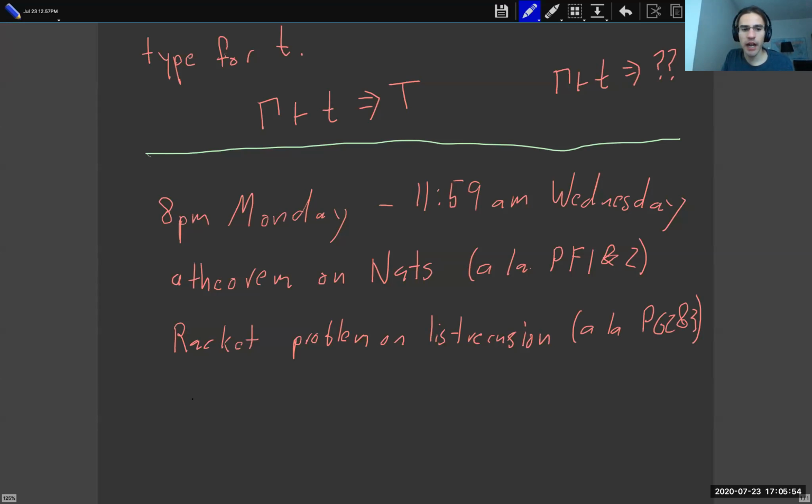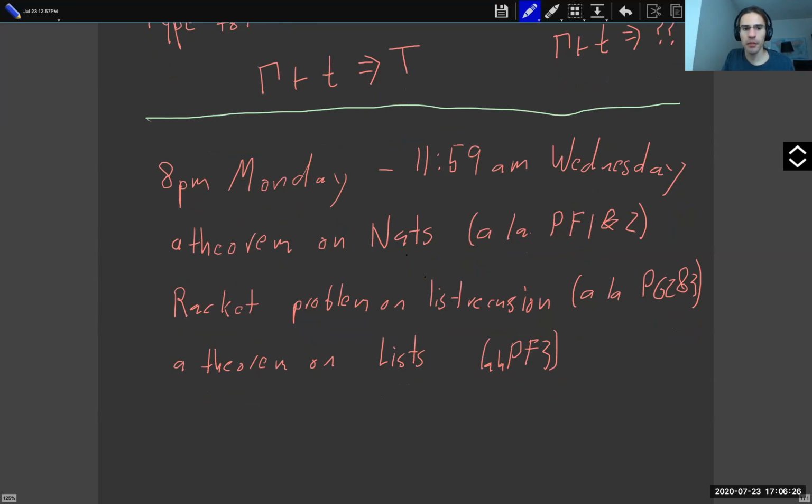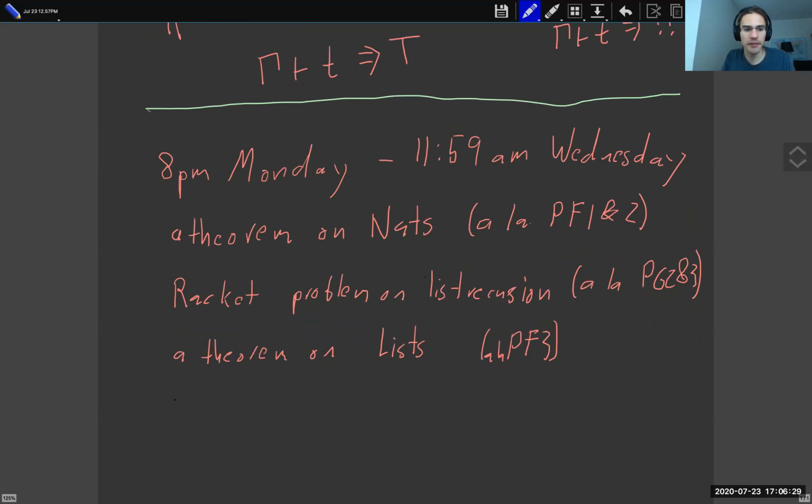Then this week I assigned quite a bit of homework, and very recently, but it's very much in the guise of the previous two problems. A theorem on lists. And this is in the guise of PF3. And a slightly shorter problem on higher order functions in Racket.